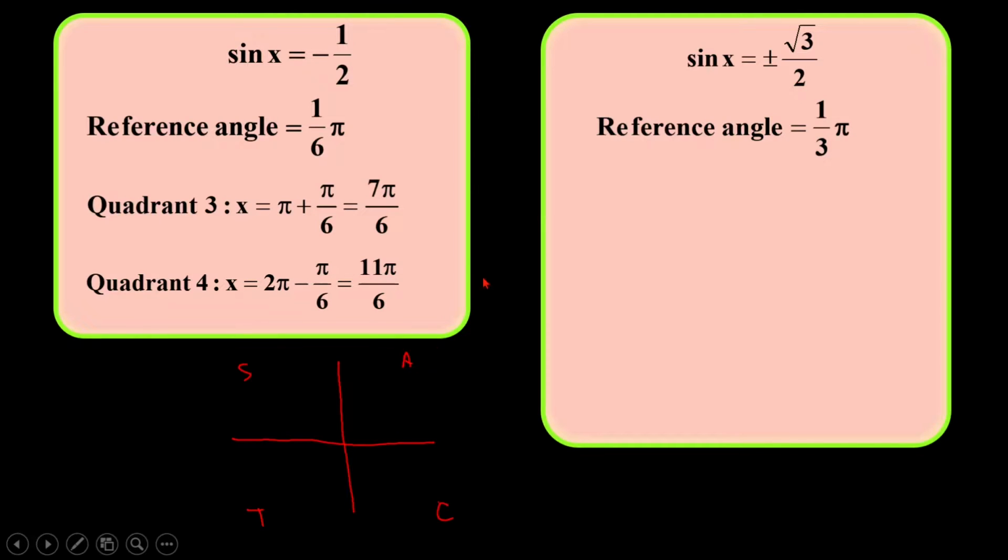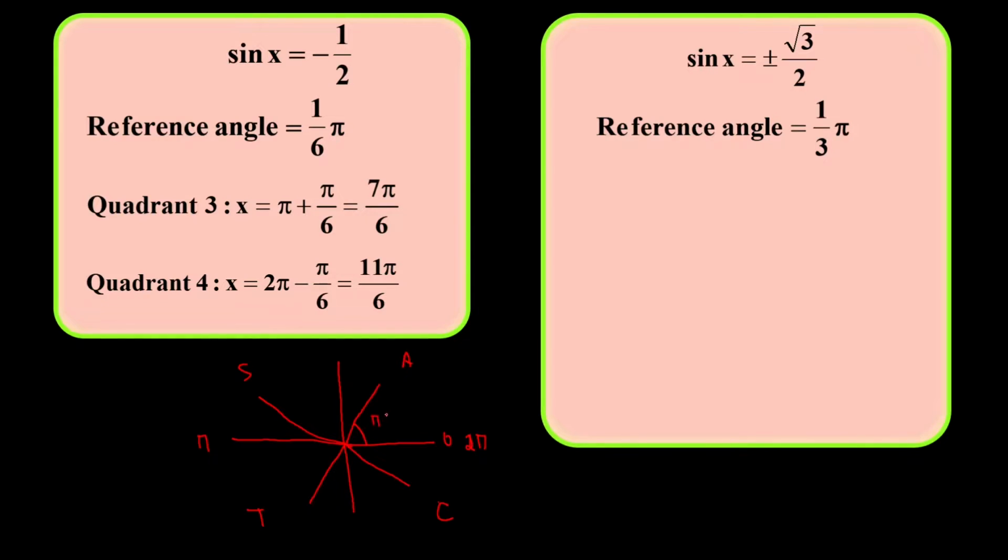So when we look at our position here, my reference line will be 0, and then I have 2 pi, and over here I will have pi. So what I'm going to use here is all the positions from quadrant 1 to quadrant 2, quadrant 3 and quadrant 4, and the reference angle will be here.